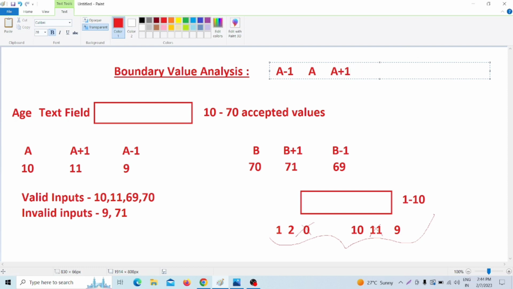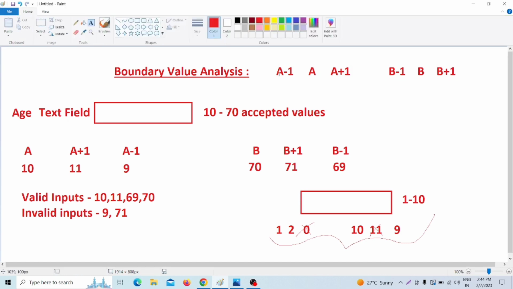Same for here: B minus 1, B, and B plus 1. So if we write like this: A minus 1, A plus 1, B minus 1, B plus 1.